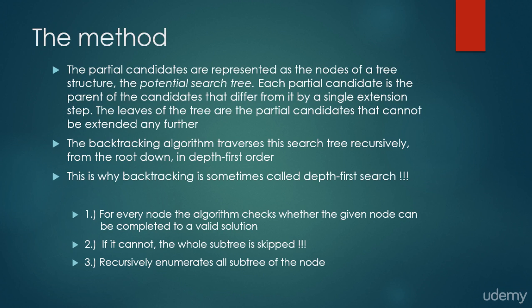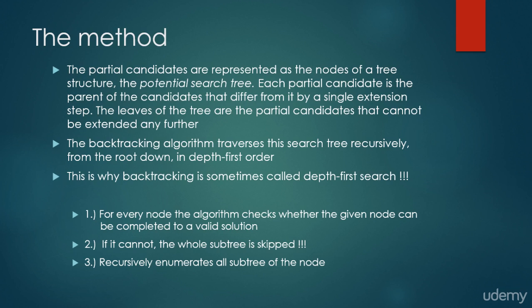And this is why backtracking is sometimes called depth first search or depth first order, because basically it does a depth first search. If you may recall, in depth first search we keep visiting each node, and during the visit we set it to visited.